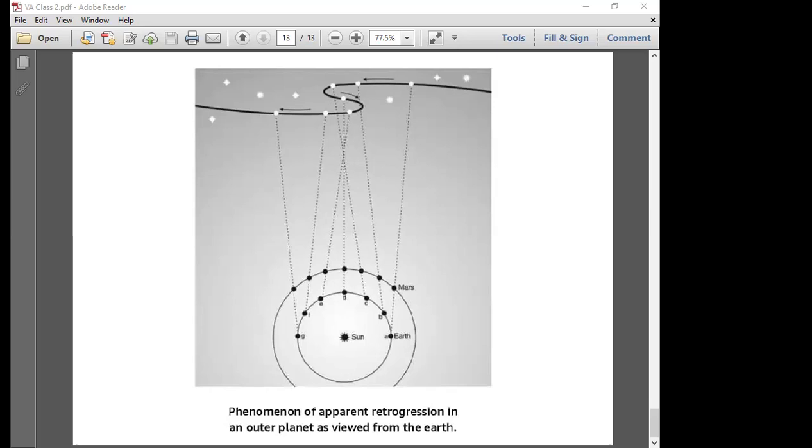Now there are certain degrees at which planets become combust. For example, Venus becomes combust within 9 degrees, Jupiter within 11 degrees, Mercury within 13 degrees, Saturn within 15 degrees, and Mars within 17 degrees.